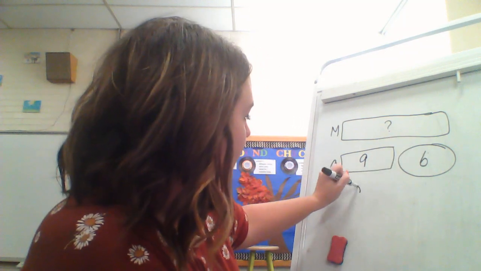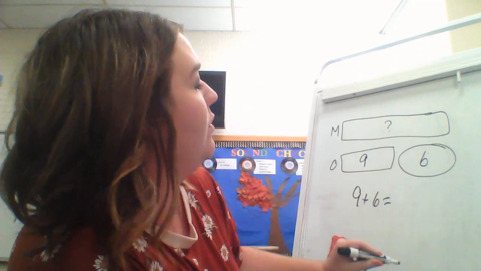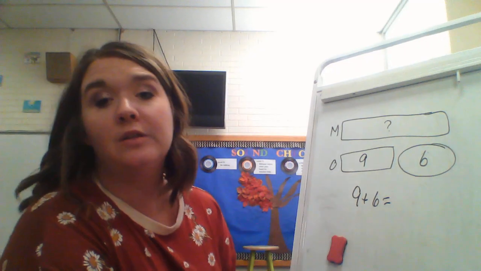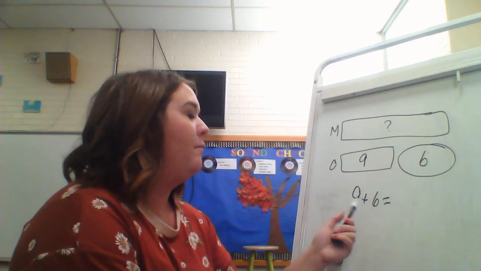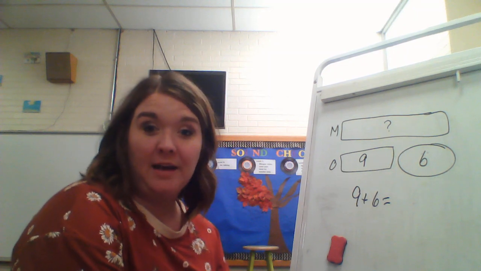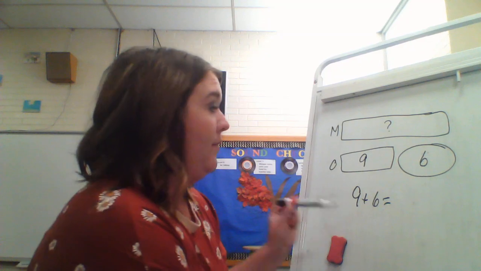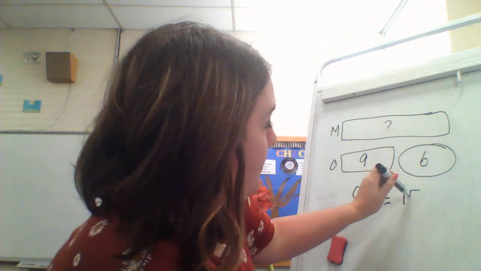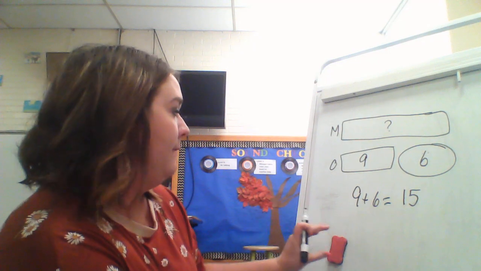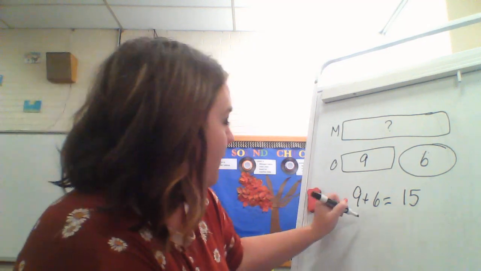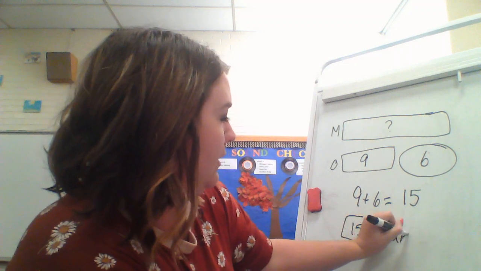How many is that? 9 plus 6 equals, I'm going to do this as a make a 10 problem. If I move one of my numbers from my 6 to my 9, I get 10. Then I moved 1 away, so I only have 5 left, so it's 10 plus 5, which is 15. 9 plus 6 is the same as 10 plus 5. 15 is my answer, and my label, again, is cans.